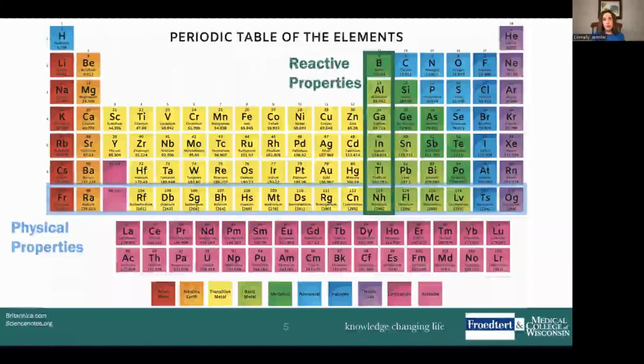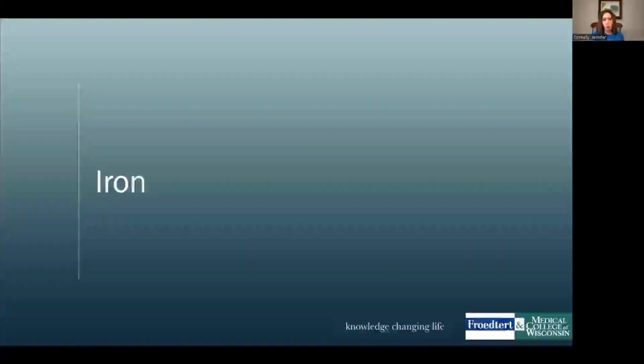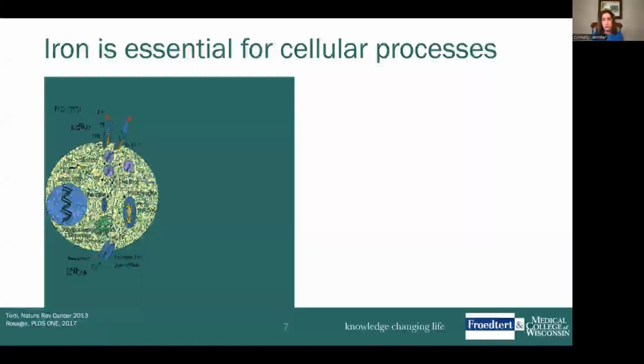When we think about elements, one of the most important elements in the body is actually iron. We all need iron to survive. It is essential for many intracellular processes, and it's a tightly regulated element. It's depicted here in this picture.